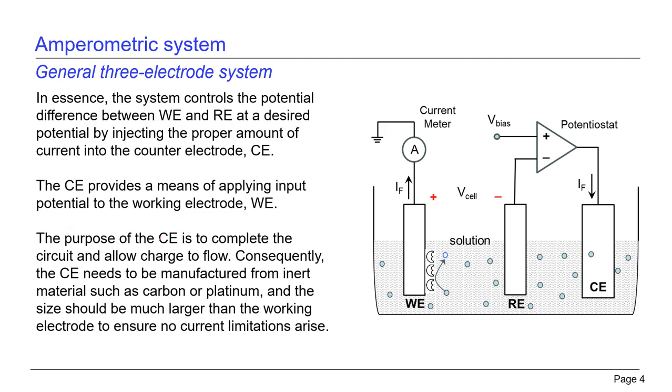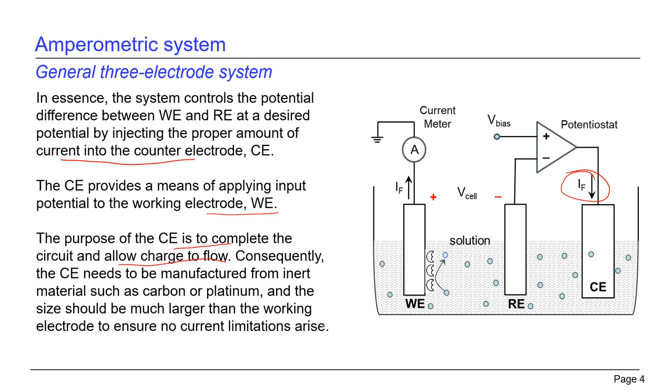In essence, the system controls the potential difference between the working electrode and the reference electrode at a desired potential by injecting the proper amount of current into the counter electrode. The counter electrode provides a means of applying input potential to the working electrode, and the purpose of the counter electrode, as I've mentioned a couple times, is to complete the circuit and allow the charge to flow.